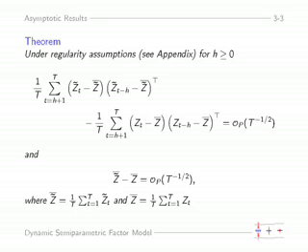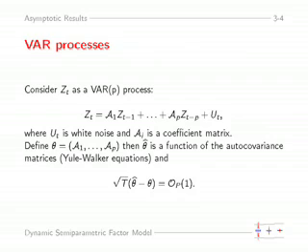Let me make this evident with this standard econometric example that I explained, a VAR(P) process. Of course, this VAR(P) process fulfills our assumptions. It is a VAR process of order P, as you can see here, and it has these parameters, matrices A1 to AP.